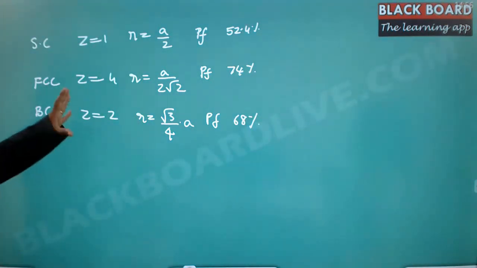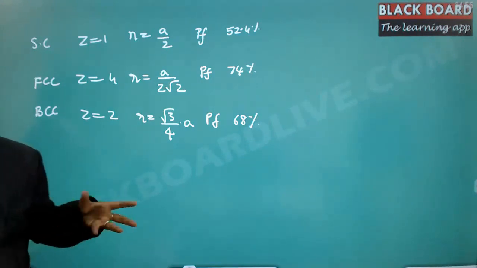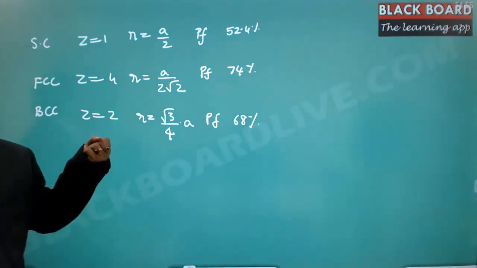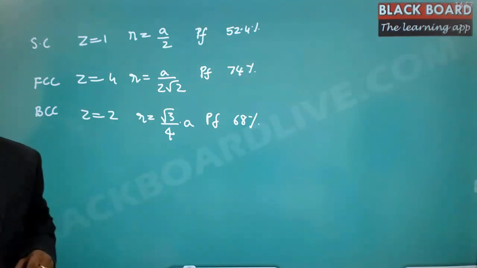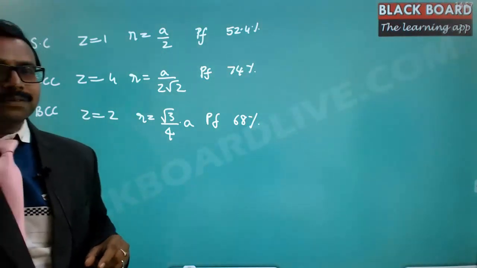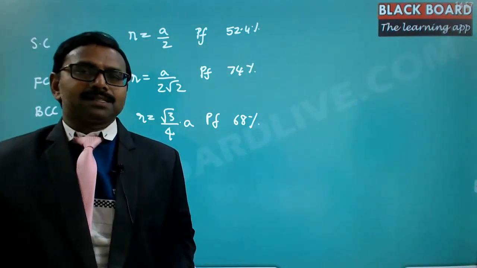Now, this is entirely for metallic crystals, metal atoms, or covalent solids. In case of ionic solids, they consist of oppositely charged ions.